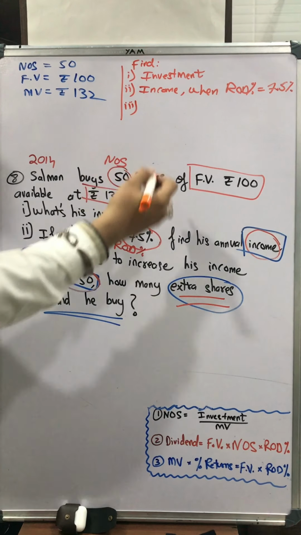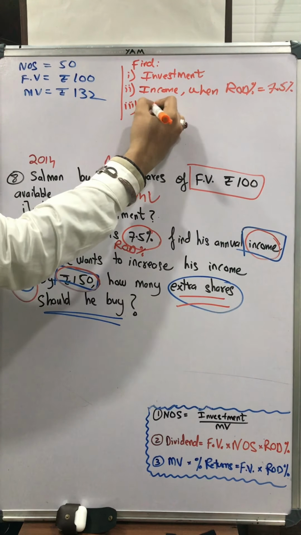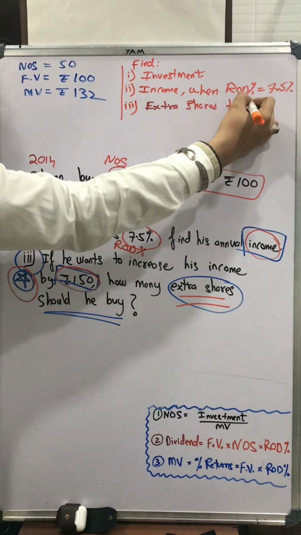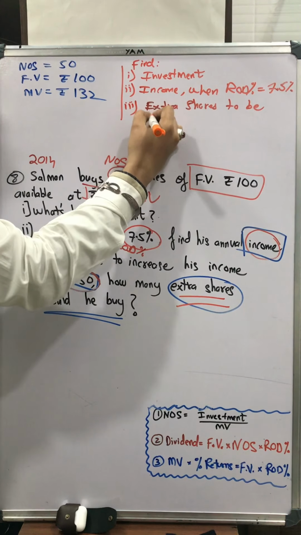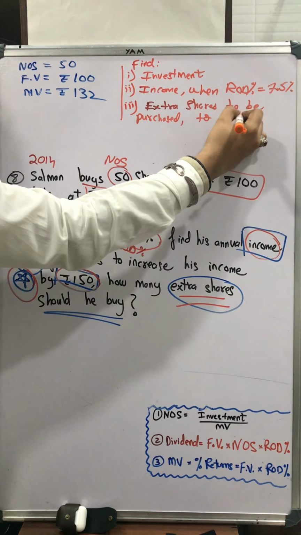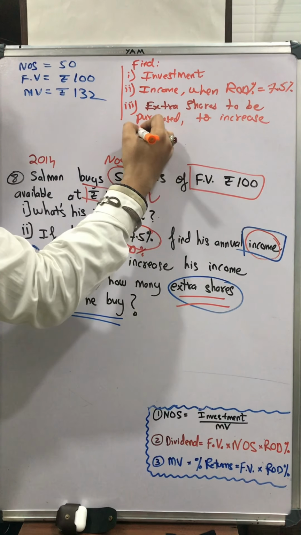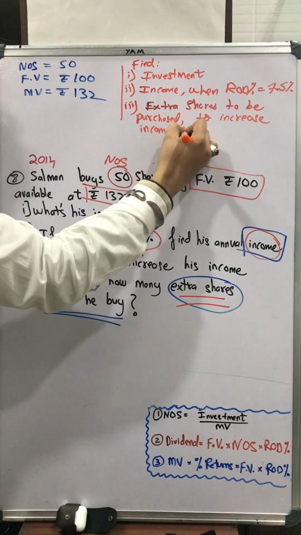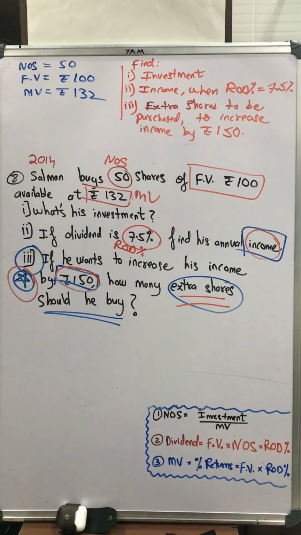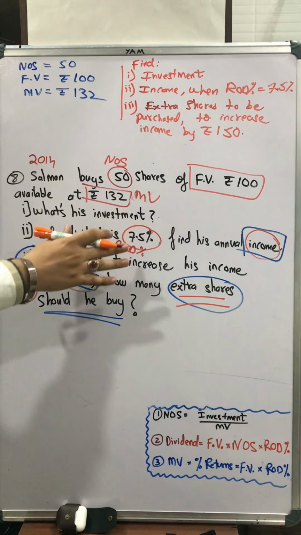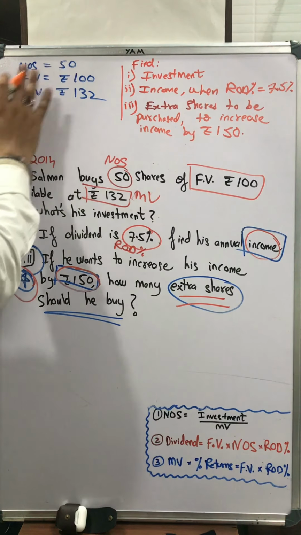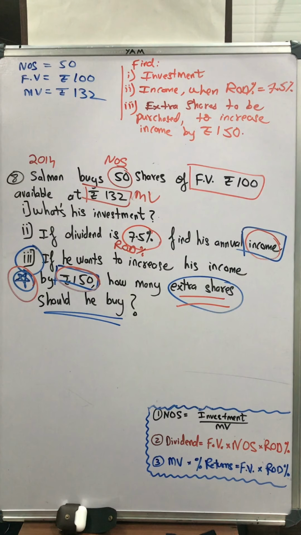Find the extra shares to be purchased to increase income by rupees 150. Okay, so this is the question. Hope you understood the story. Copy down the question, write the data, understand it, and then let's start with the solution.